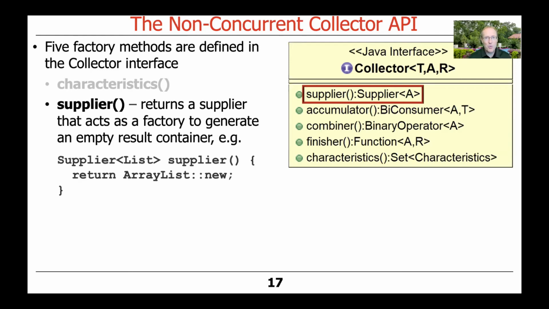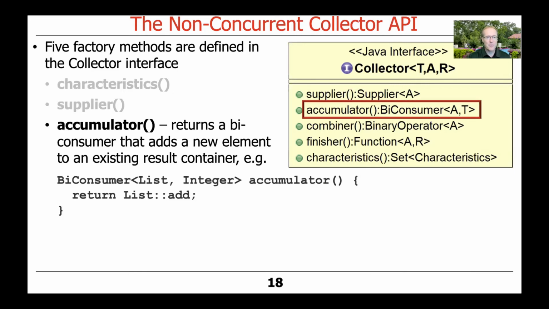Here's a very typical way that the supplier factory method works. As you can see here, it returns a constructor reference that knows how to make an ArrayList. So ArrayList::new is a constructor reference that will essentially be used by the framework to make an ArrayList, which will then be the mutable result container.